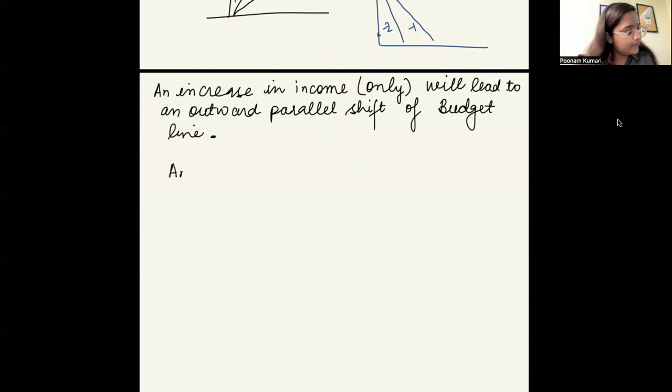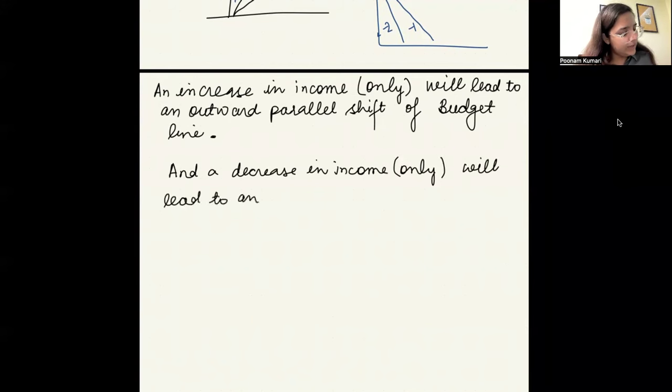And a decrease in income only will lead to an inward parallel shift of the budget line, right?